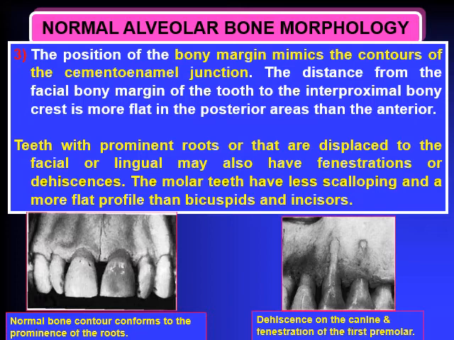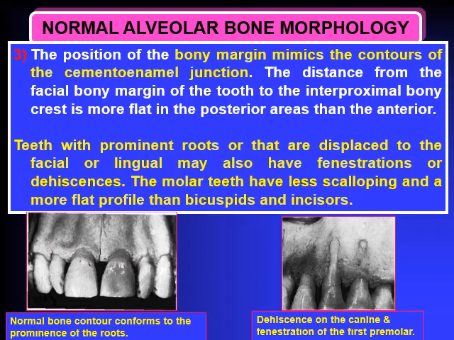Here I want you to know that the alveolar bone covering the roots is termed the radicular bone, while the bone between the roots is termed interradicular bone. Okay?